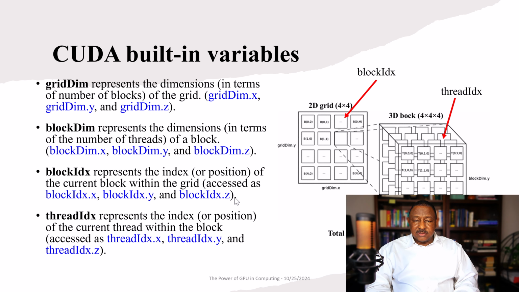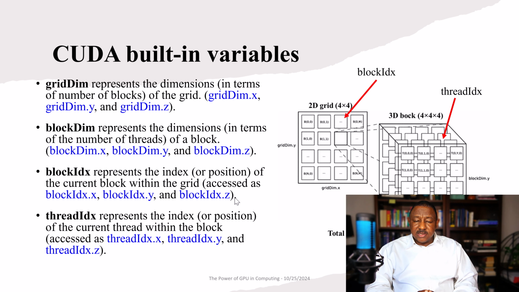These built-in variables are very important, because like dimension, we have X, Y, Z. Each one of these can take a different value, and if we need to, we can access them.